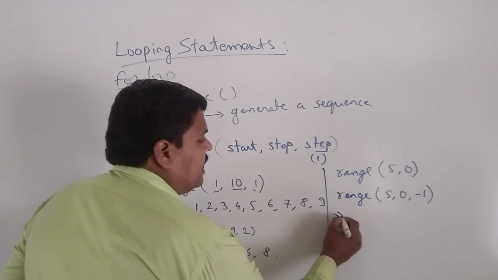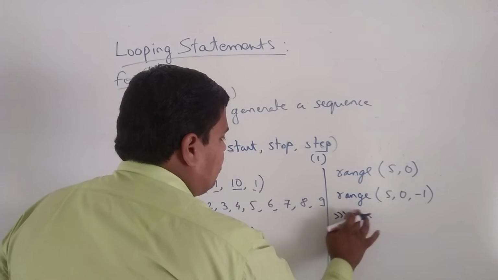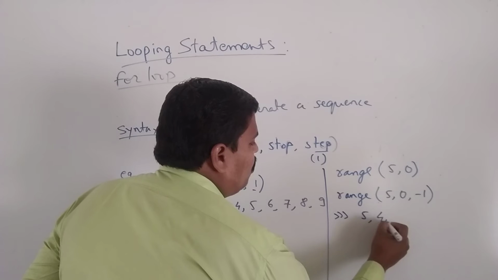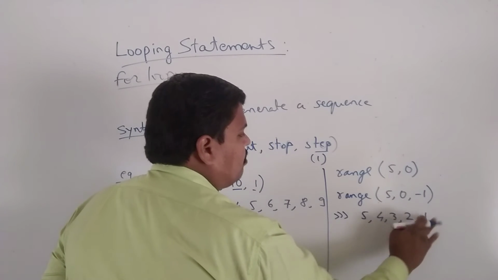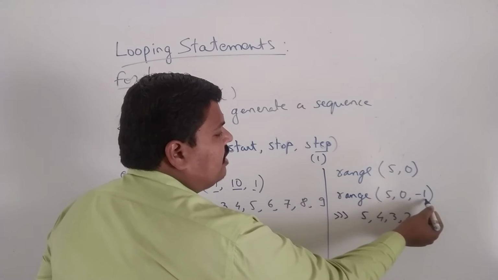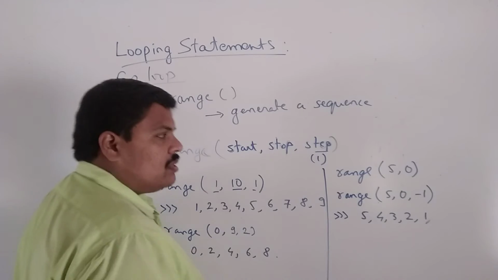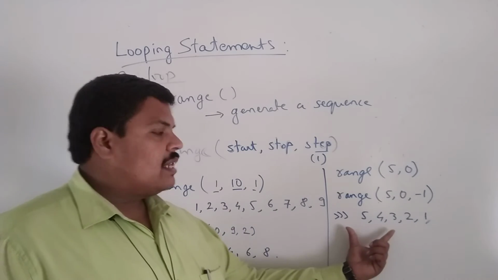It will give output directly. So what is the output? 5 4 3 2 1, not 0. See, by decrementing the value by 1 from 5 we can go toward 0. 0 will not be included because it never takes the stop value. Okay, so this is another thing.